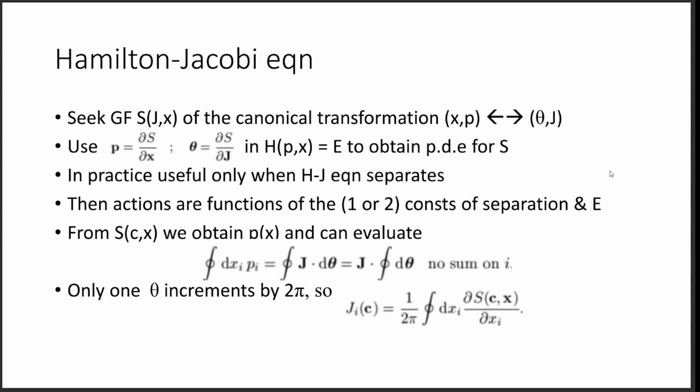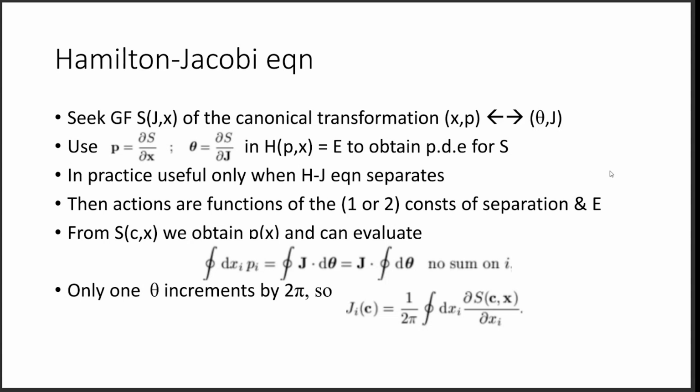So the range of Hamiltonians for which we can solve this equation is incredibly limited. In practice, you can solve it in coordinate systems for which the Hamilton-Jacobi equation separates. And then what you find is that the actions are functions of the constants of separation. If we do this in four-dimensional phase space, there will be only one separation constant. If we do it in six-dimensional phase space, there will be two separation constants.